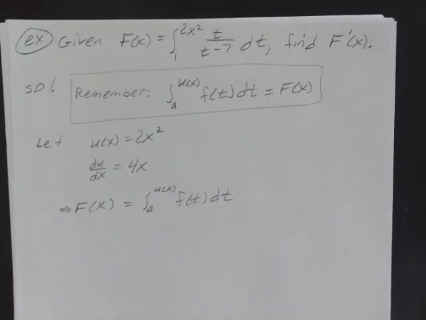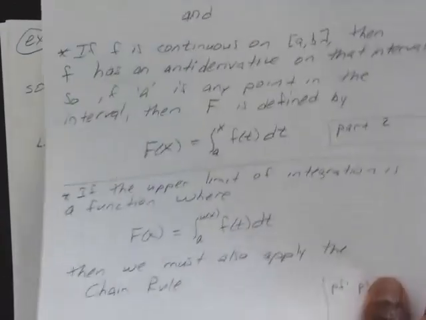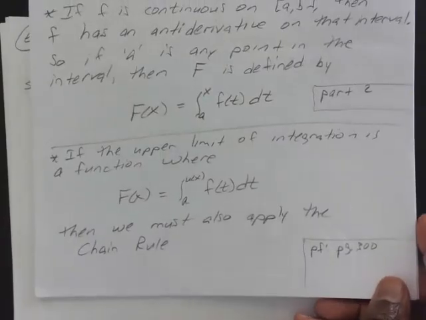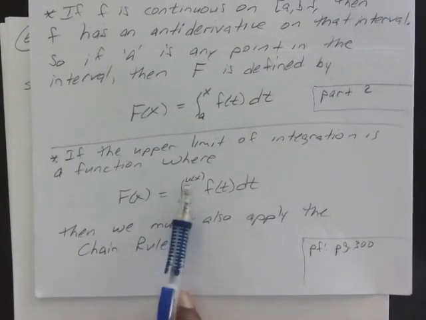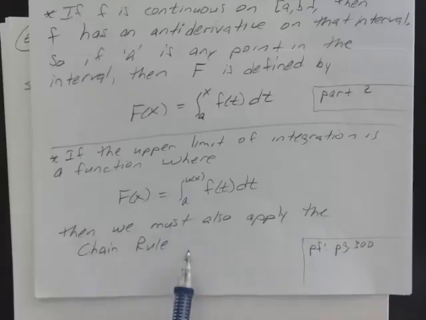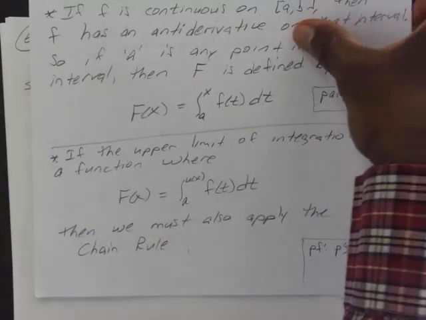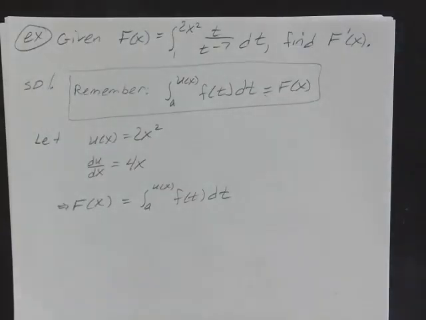Now, if you remember part 2, put this up just for a second. On the very first page, we can see that when you have an upper limit that's a function, we're going to apply the chain rule. And this is one of those cases.